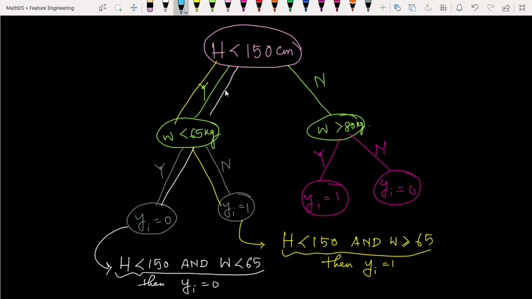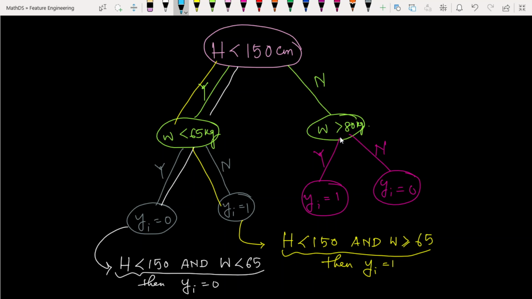If you see this white path, then if height is less than 150 centimeters and weight is less than 65 kgs, then we get the output yi equals 0. If we take this yellow path, then we can conclude that if height is less than 150 centimeters and weight is greater than or equal to 65 kgs, then y equals 1.